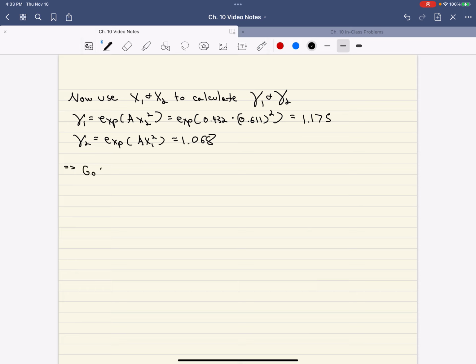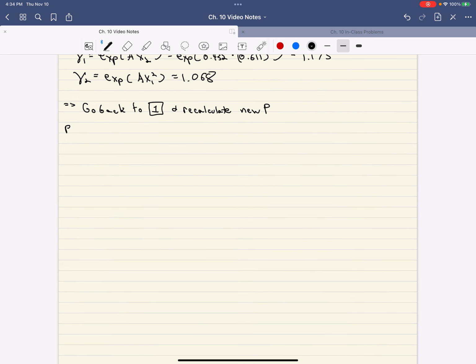So we're going to go back to equation 1, and we're going to recalculate a new pressure. So P is going to be equal to y1, gamma 1, it's not 1 anymore, so it's going to be there in the denominator, 1 minus y1, gamma 2, P2 sat.